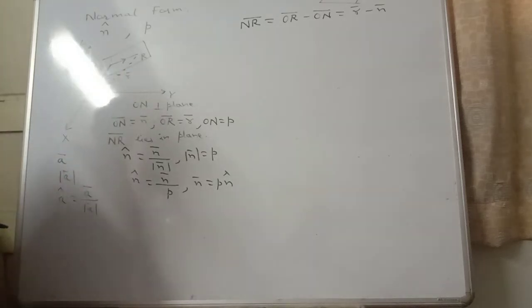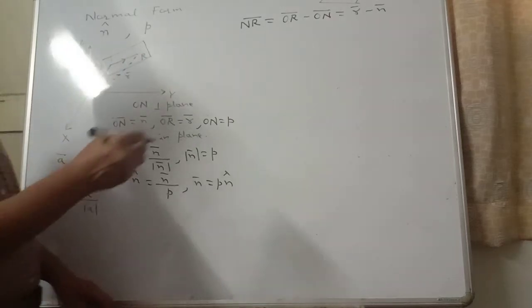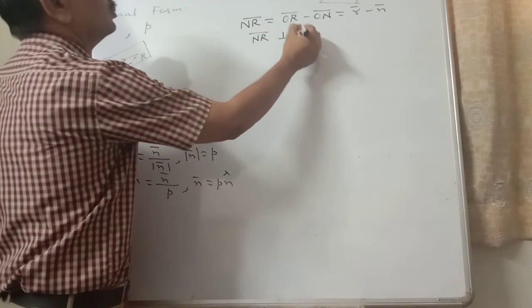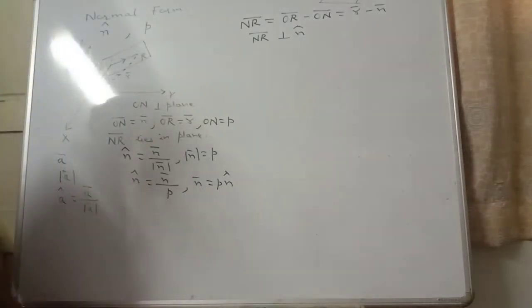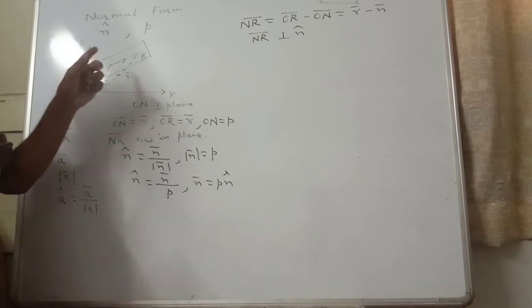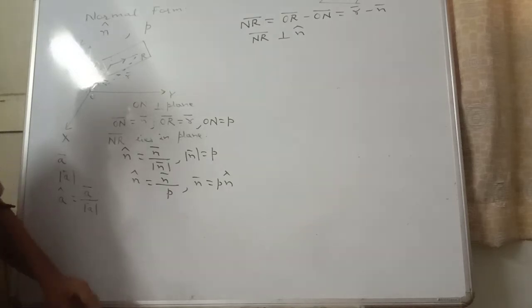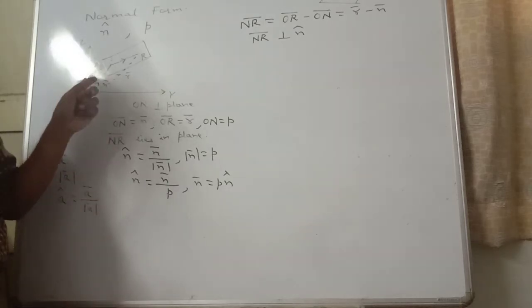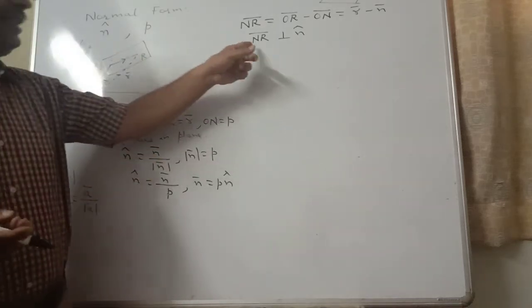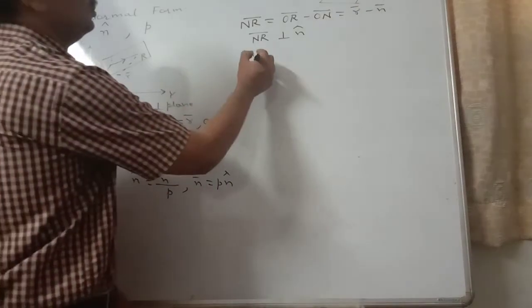Now vector NR bar is perpendicular to n cap. N cap is a vector normal, perpendicular to the plane. NR bar is a vector in the plane. And any vector which is perpendicular to a plane is perpendicular to every vector in that plane. As two vectors are perpendicular, their dot product is 0.